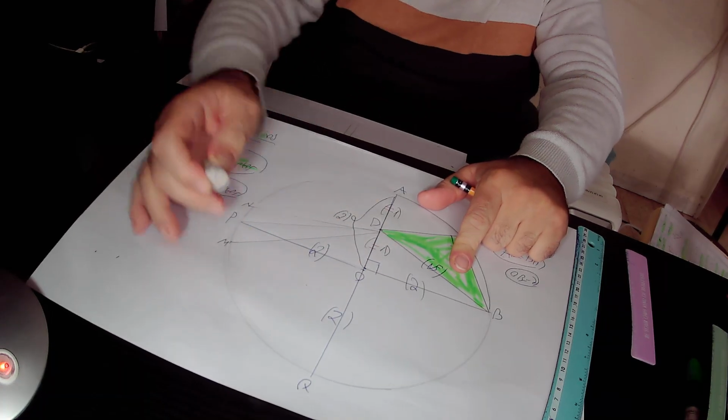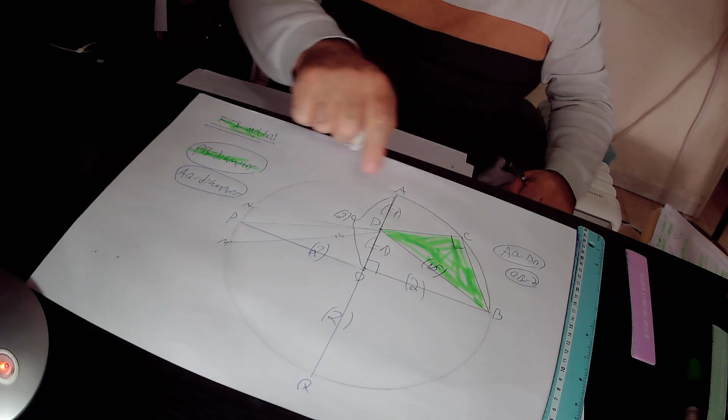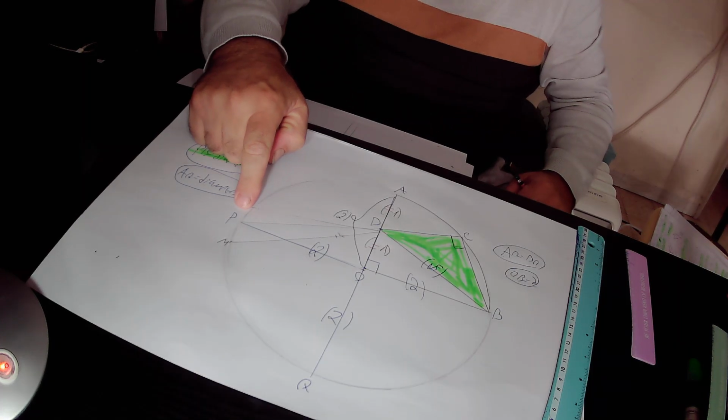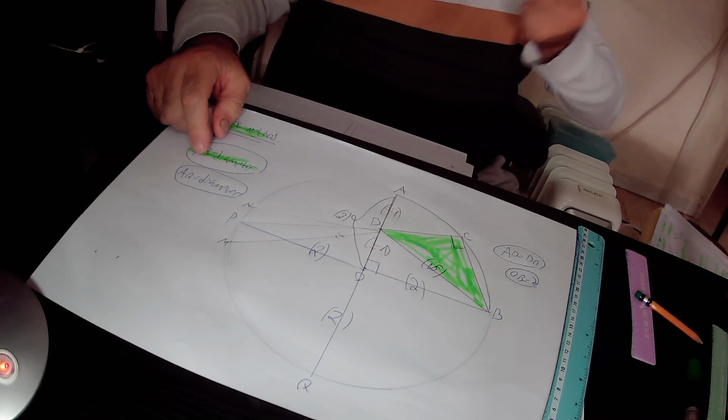And therefore, we conclude that the extended side CD will touch the circle at this point, point P, and not at any other point. Otherwise, we have a contradiction to rule 5.